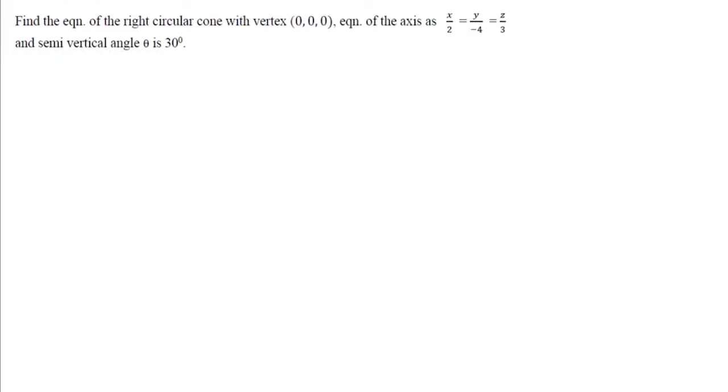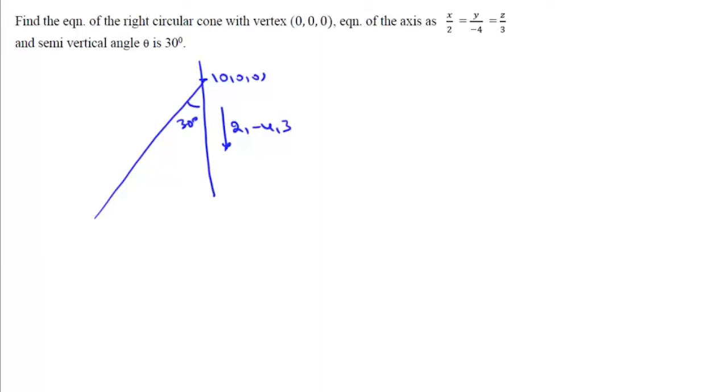Now the question is, find the equation of a right circular cone with vertex at origin and axis in the direction of 2, minus 4 and 3, and semi-vertical angle 30 degrees.